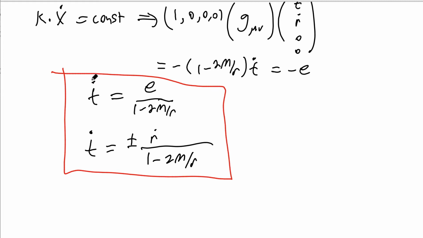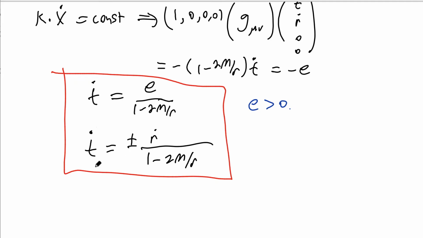Now, also remember that the dot denotes d by d lambda, so it's differentiation with respect to the affine parameter lambda. And if we assume that the t coordinate increases with increasing lambda, then t dot is positive. So that tells us that the constant e here is going to be positive.